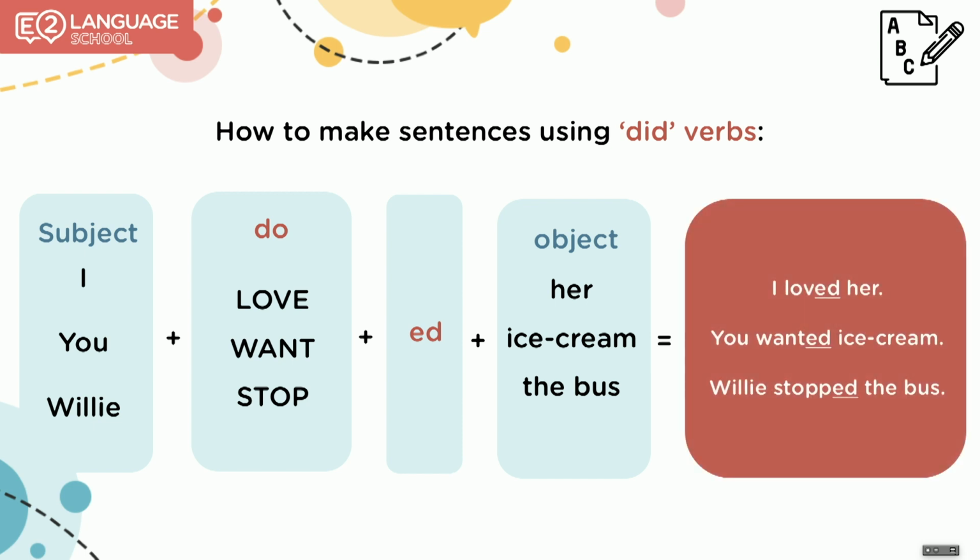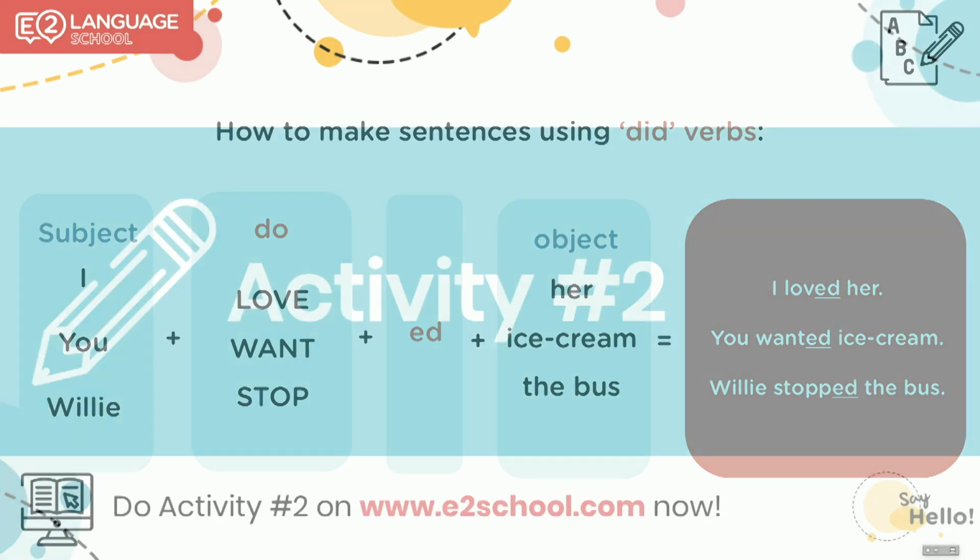So what we have as a sentence is I loved her. You wanted ice cream. Willie stopped the bus. Don't worry about the spelling of stopped. Sometimes the spelling changes. But you can see the ed on the end of the do verb there.